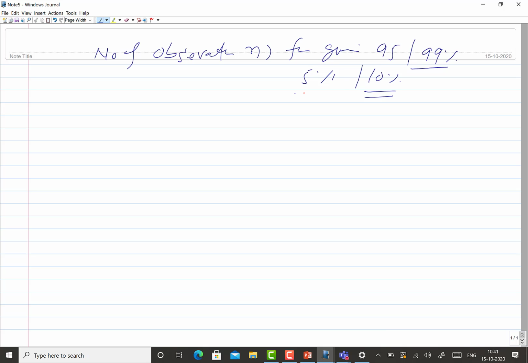This is called the allowed error in the data, 5% or 10%. So considering these, we determine the number of observations to be taken for the work sampling.